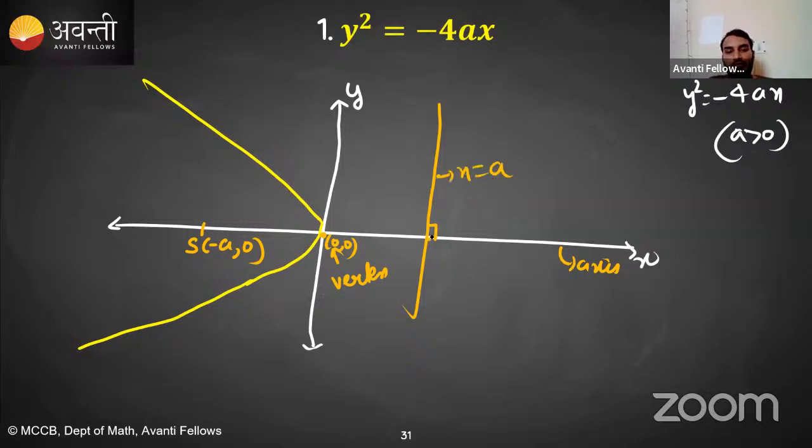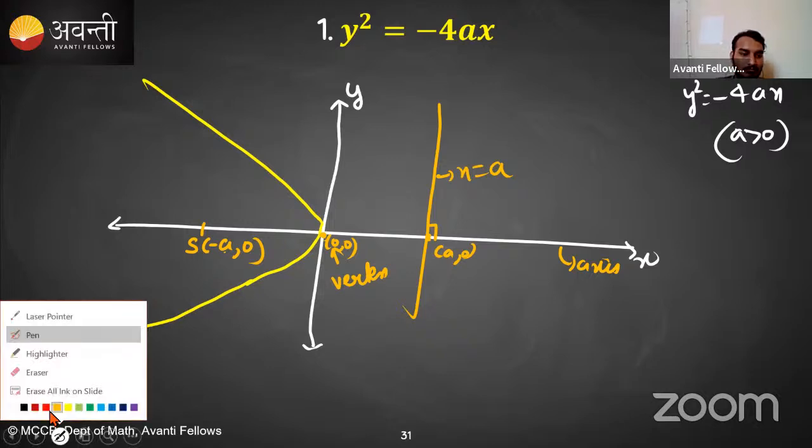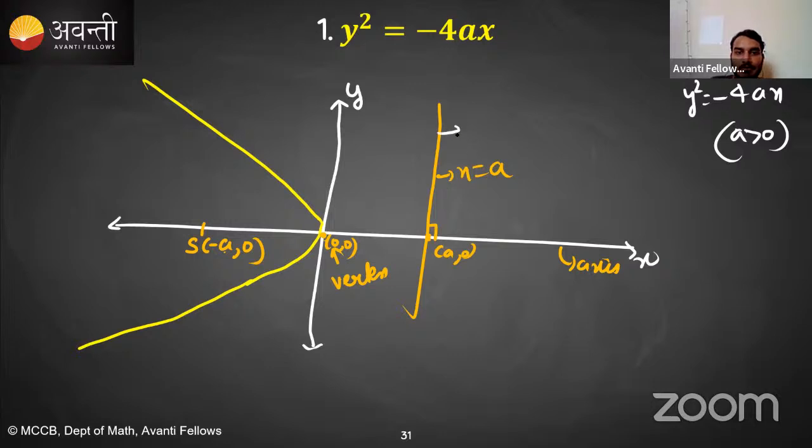Yes or no? This point will be a comma 0, because the vertex is the midpoint of the foot of perpendicular of the directrix on the axis and the focus. So if this is 0 and the focus is minus a comma 0, then the foot of perpendicular should be a comma 0, and the directrix is perpendicular to the axis of symmetry. So any line perpendicular to the x-axis and passing through a comma 0 is x is equal to a. Yes or no? Okay. So this is the directrix.